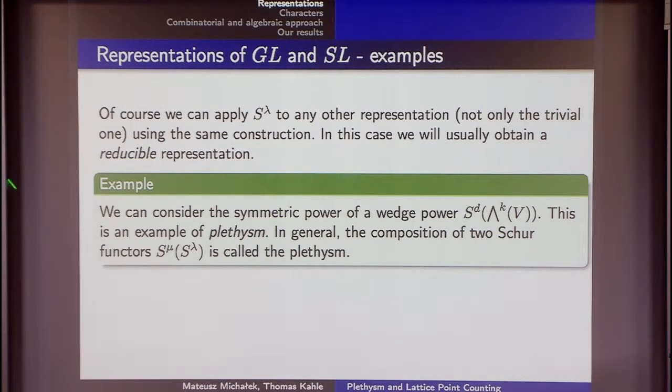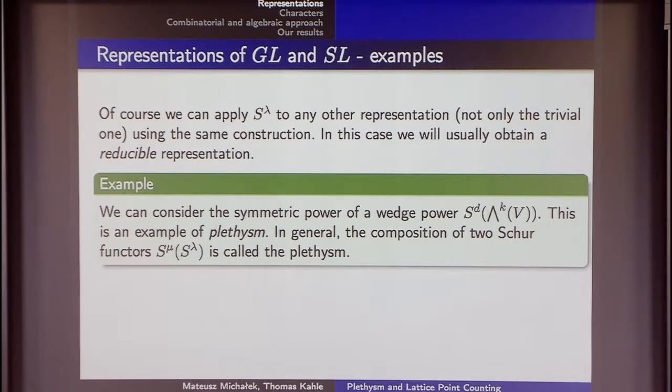So here I stopped writing the vector space V, as I usually will not be interested in it. As long as V is sufficiently high-dimensional, the decomposition of such a composition in terms of Young diagrams is the same. So the most well-known Schur functors are for sure the symmetric and the wedge power.